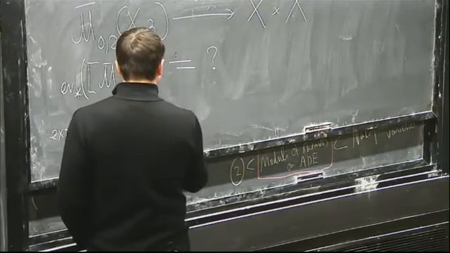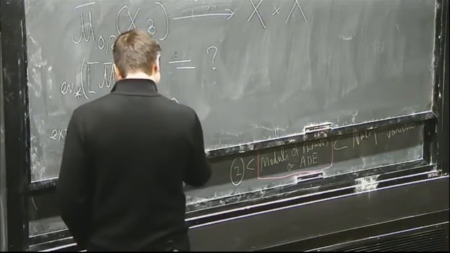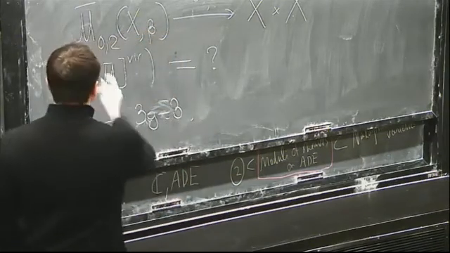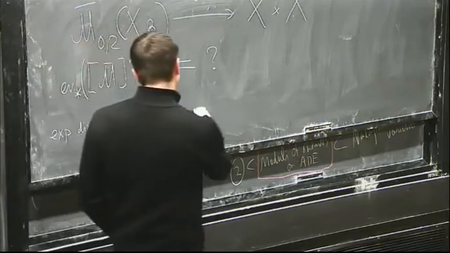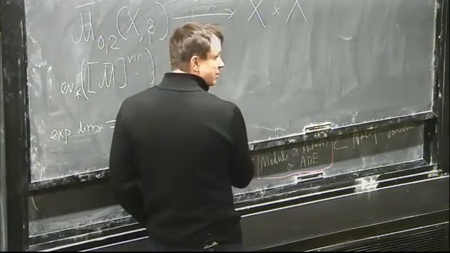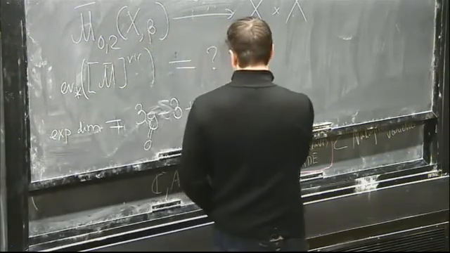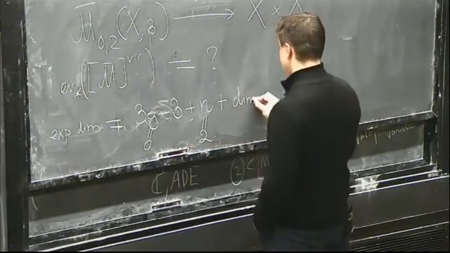Yeah, 3g minus 3. Bad beginning. So g is 0 here. Plus the number of marked points, which is 2. Plus, well, I already used g is 0, so I'll just add dimension x.